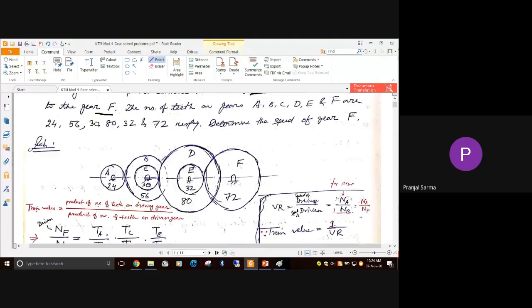From the number of teeth, we can easily get an idea: a gear with 24 teeth and another with 56 teeth, the gear with 56 teeth will definitely be bigger in size.